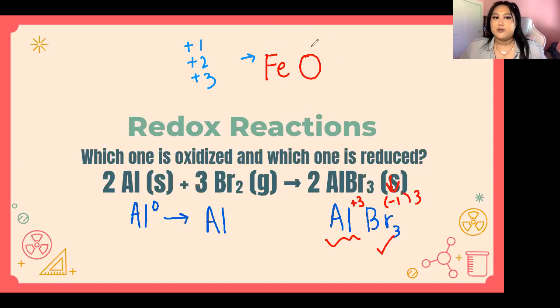So thinking back to the last problem, what charge was O? Oxygen. Yeah, so -2. So what does that mean iron's charge is? Yeah, it's a +2.